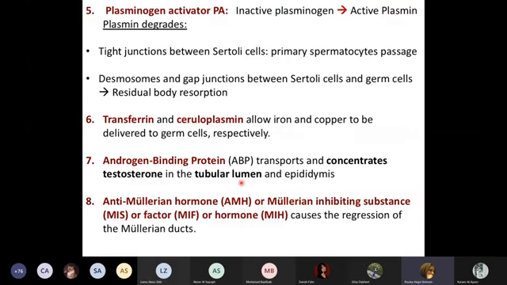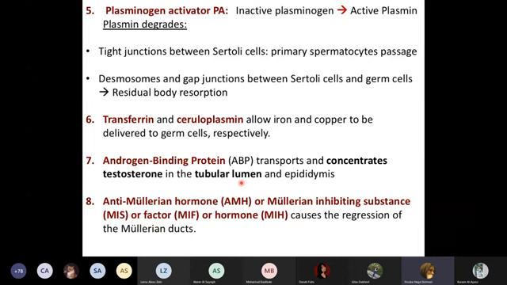The anti-Mullerian hormone, which we mentioned when we talked about the gonadal differentiation and the formation of the Wolffian ducts that were developed due to testosterone. We mentioned that the Mullerian ducts, which are the female ducts, were regressed due to the effect of the anti-Mullerian hormone.